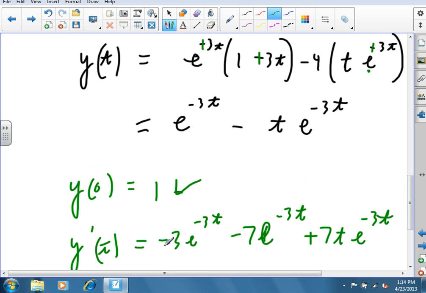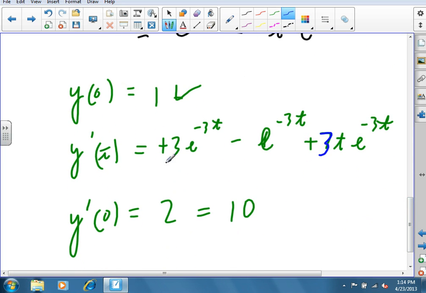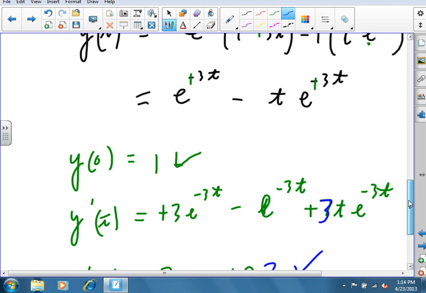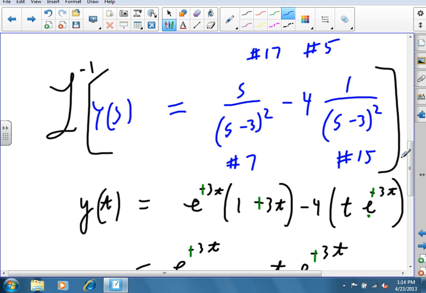And now the derivative: minus, this is plus, that's plus, this is plus. Okay, so that's 3, that's t, now 7, and this is a 3 over here. Okay, now I have 2. Check. That'll teach me.